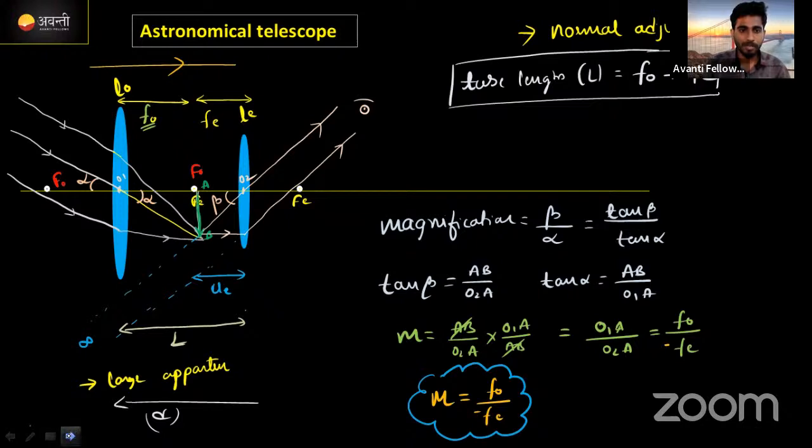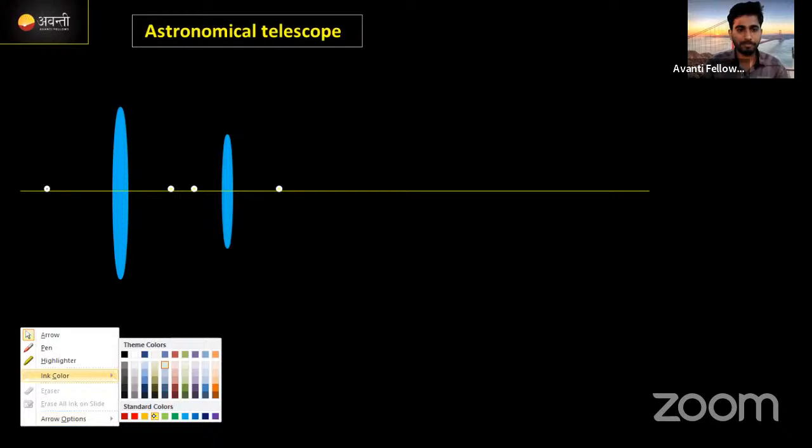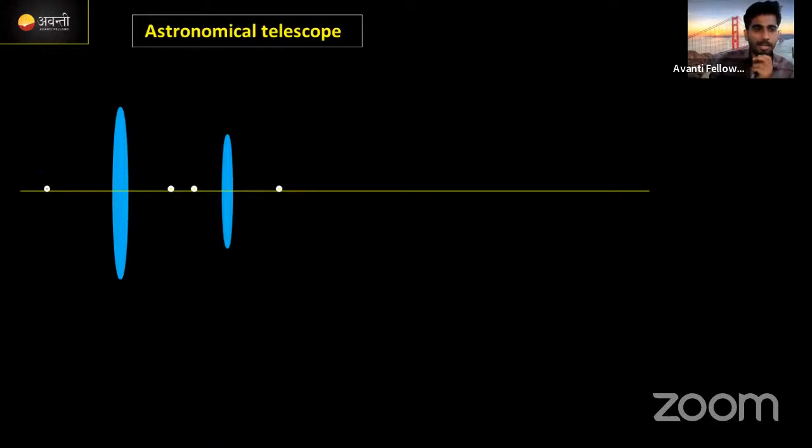Look here. This is the principal focus of the objective lens, and this is the eye lens. In normal adjustment they were coinciding.